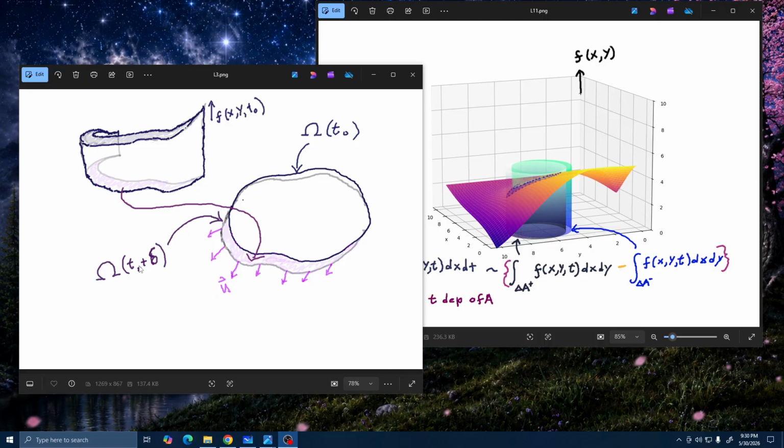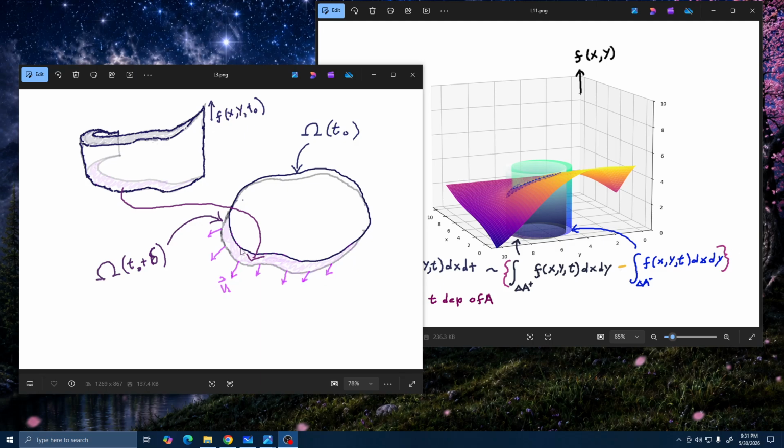So there's this function here, these two different boundaries, and the boundaries are essentially moving outward with a velocity, u vector, which is determined by the flow field. So in some areas, these boundaries could be moving faster than others.